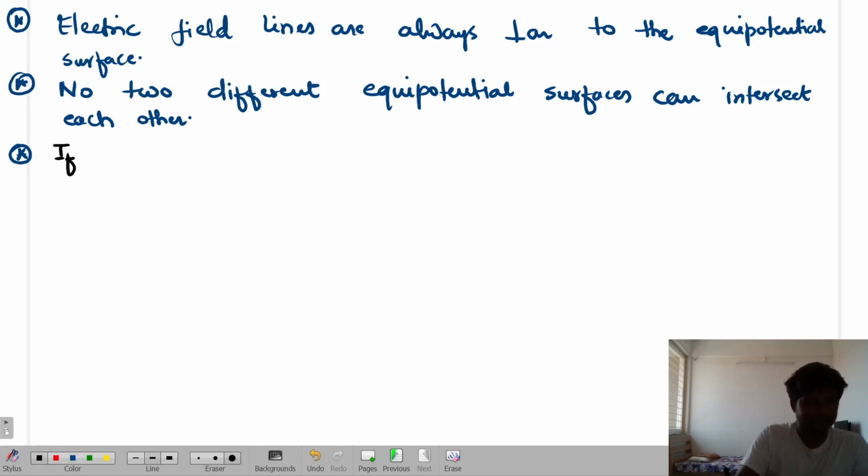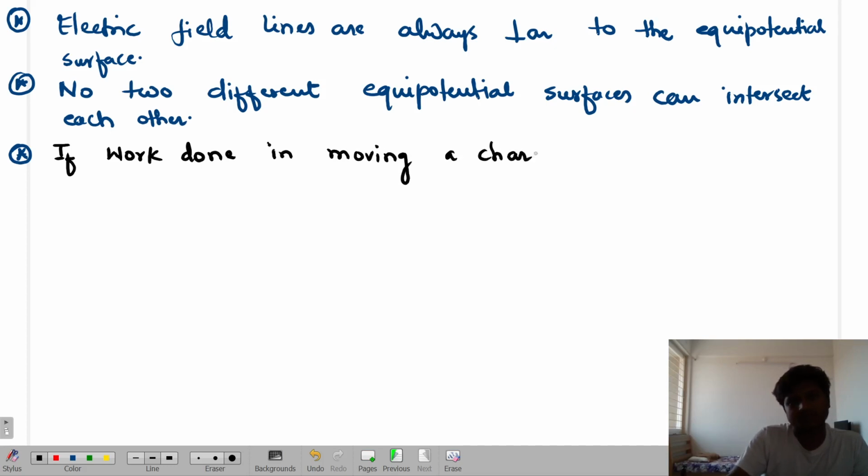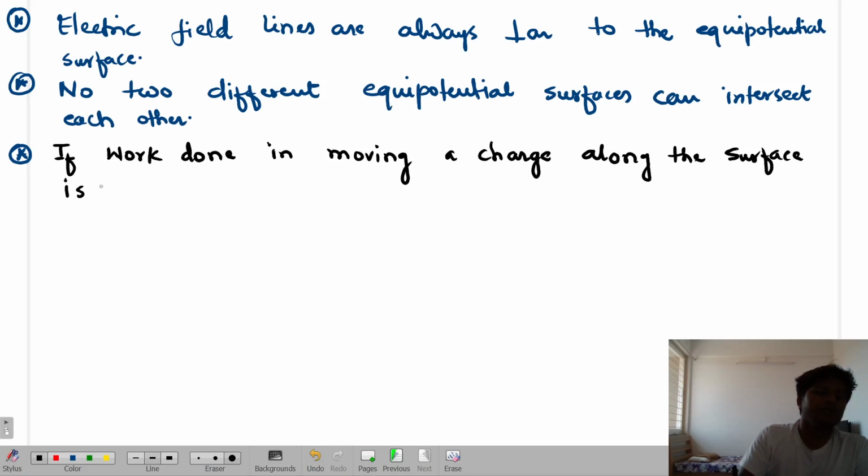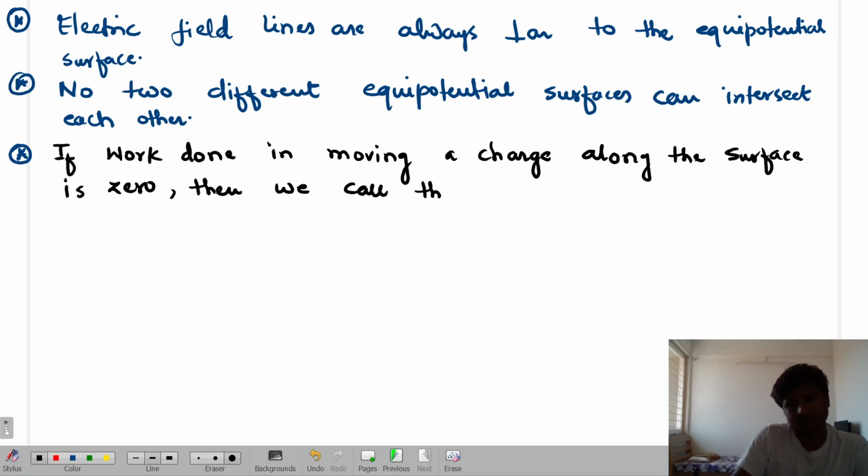If work done, take it, in moving a charge along the surface is zero, then we call that surface an equipotential surface.